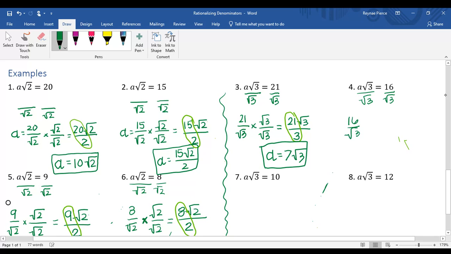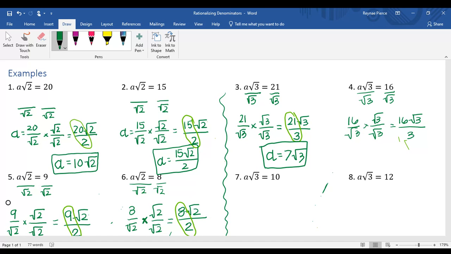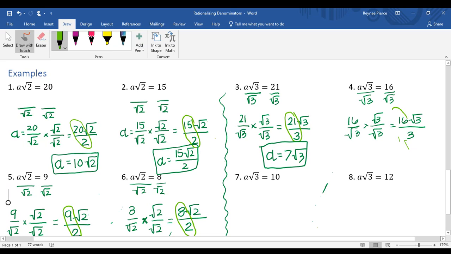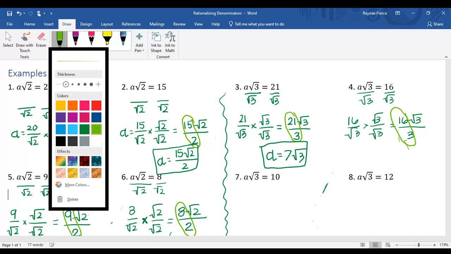So here, when I divide 16 by the square root of 3, I'm still going to multiply by the square root of 3 over itself. In my numerator, I have 16 square roots of 3. In my denominator, I'm left with just 3. So like this one, 16 is not divisible by 3.